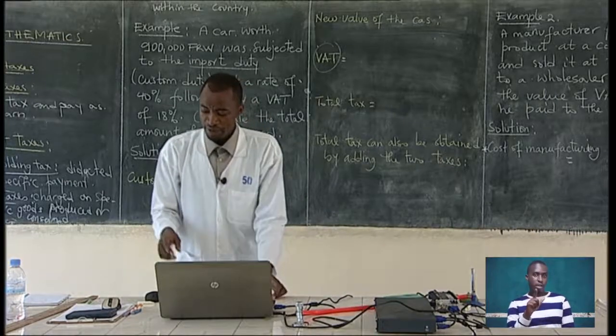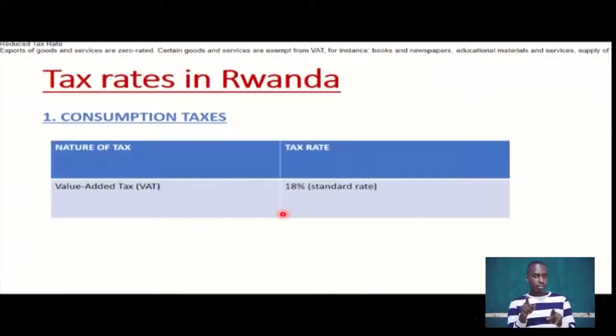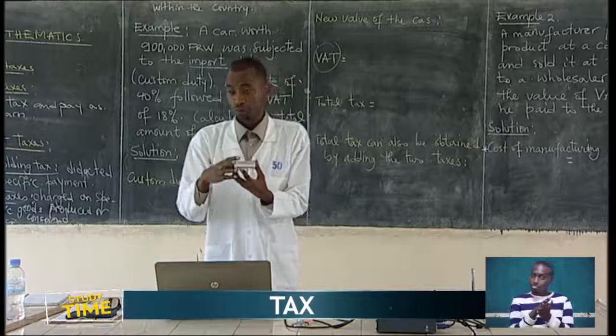Remember it's called the value-added tax. It means if I buy this calculator, or maybe if I have a company that produces calculators, there is money that I have spent for one calculator to be produced.